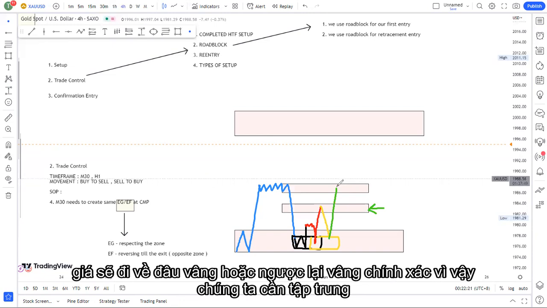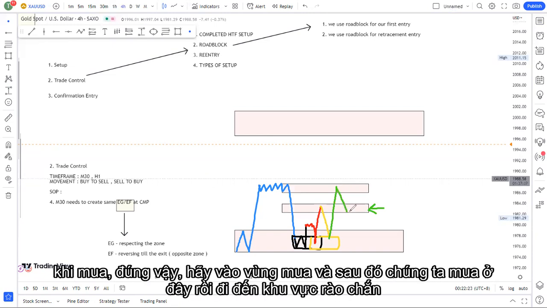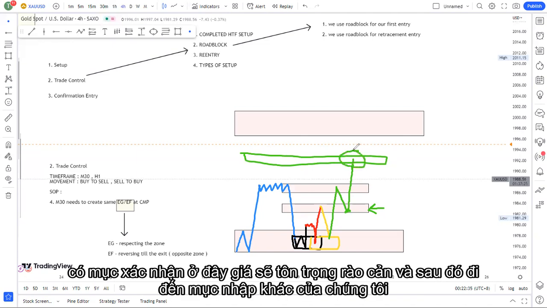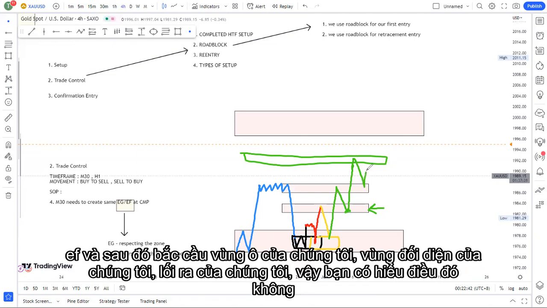So we focus on buy, get into the buy zone, buy here, and then go to the roadblock again and break the roadblock. For example, we have another roadblock here. If there is a confirmation entry here, the price will respect the roadblock, go to another EF, and then reach our sell zone, which is our opposite zone, our exit.